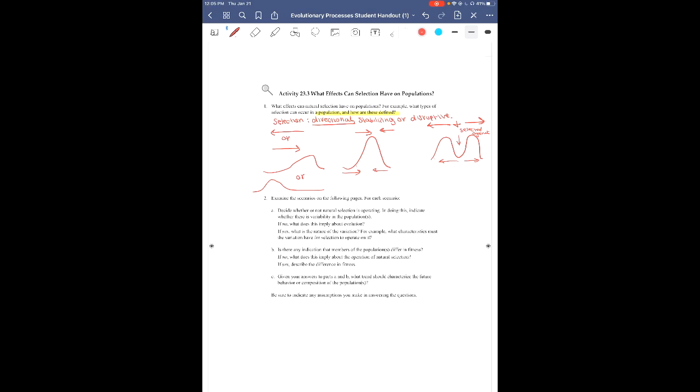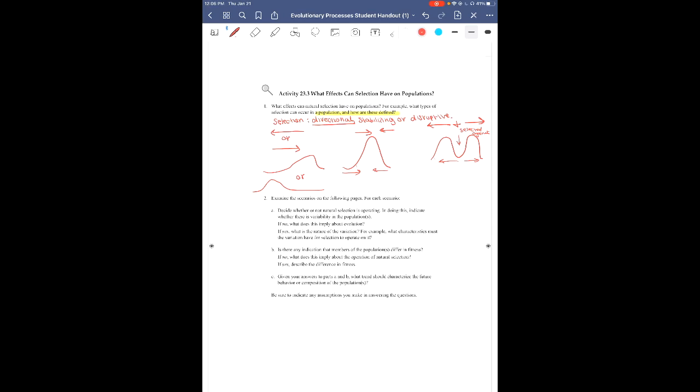Okay, so today we're going to be mainly looking at different types of scenarios, and we're going to decide whether natural selection is occurring or not, and what's variable in the population. If we say that there is no selection, then we're going to look at whether that implies that there is evolution. And if yes, then we're going to try to identify what the nature of the variation is and what variation is being selected for or against.